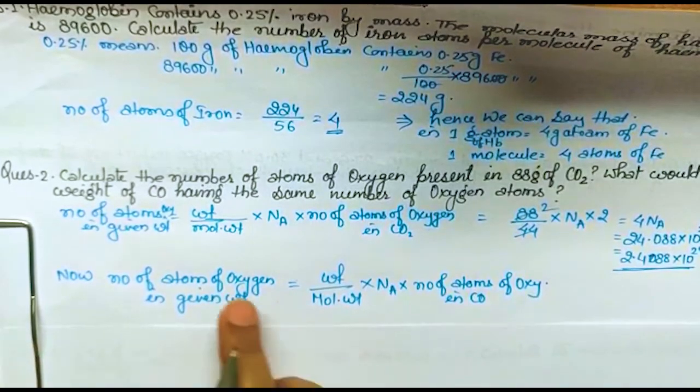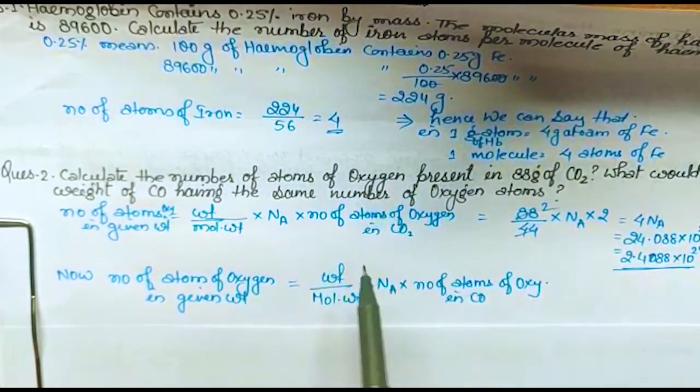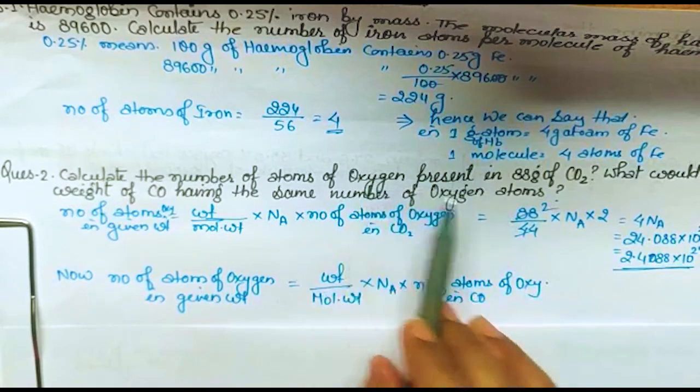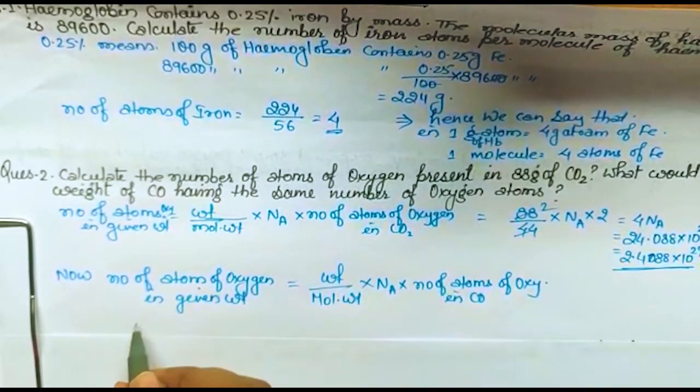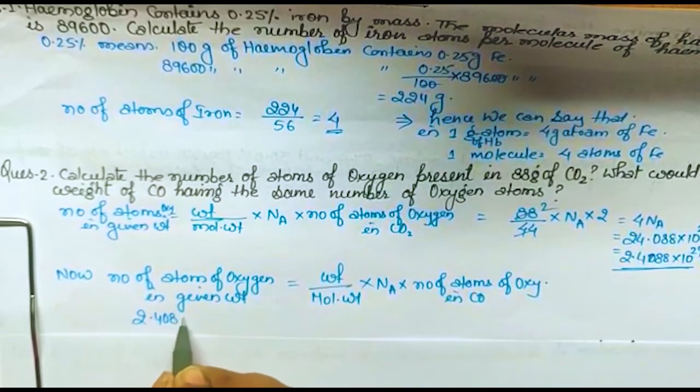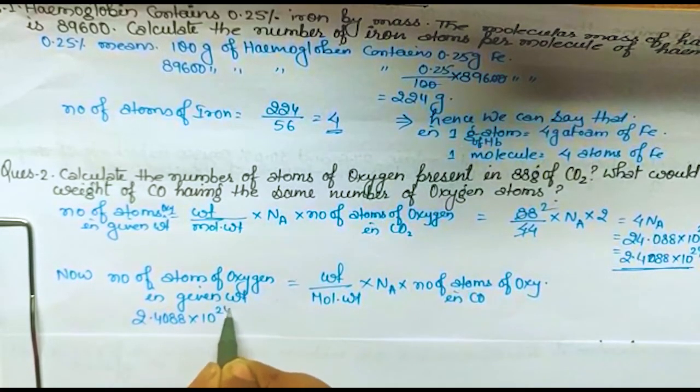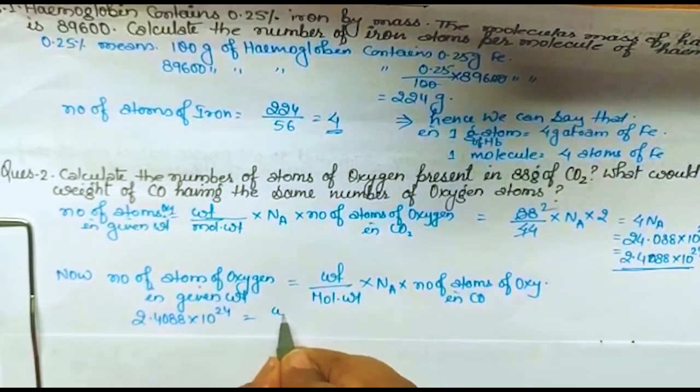As it is given in the question that they have the same number of oxygen atoms, that means we will write this value exactly: 2.4088 into 10 to the power 24 is equal to weight, which we have to find.